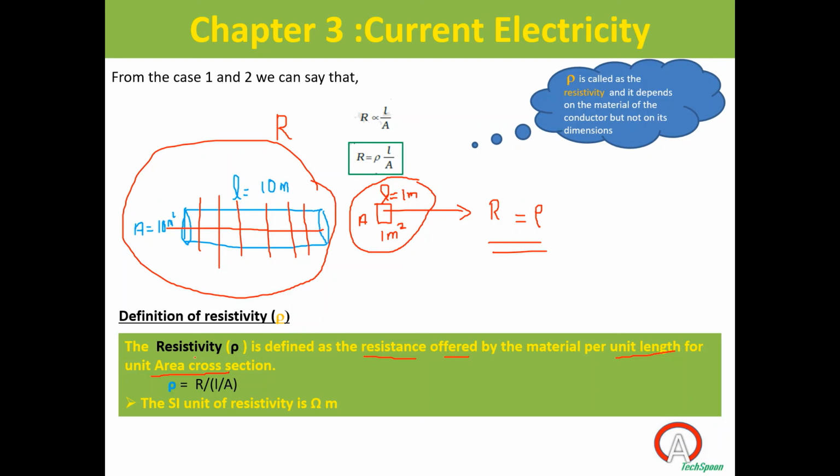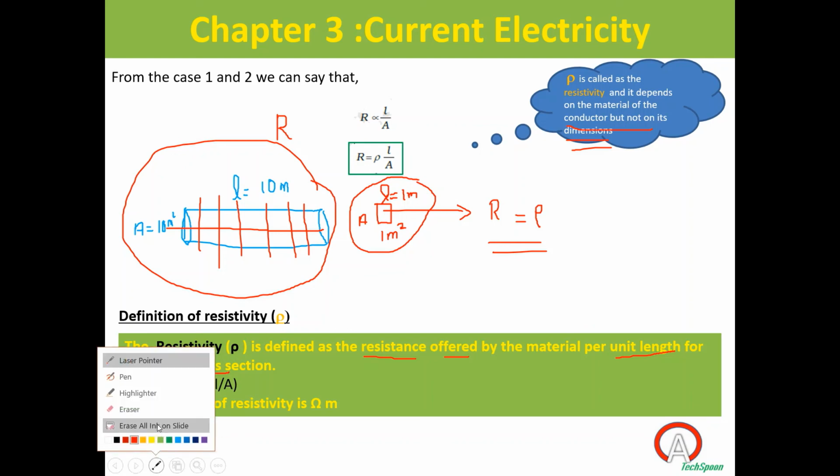Yes, sir. Okay. Now you tell me, can you find the answer for why resistivity does not depend on dimensions? When I wrote the equation for resistance, R equals rho L by A, rho is resistivity.